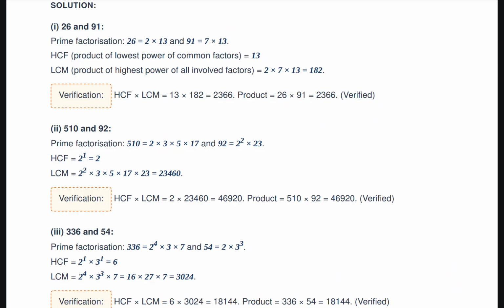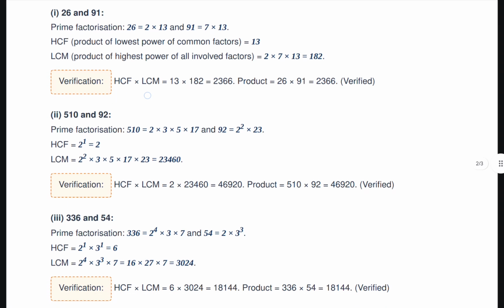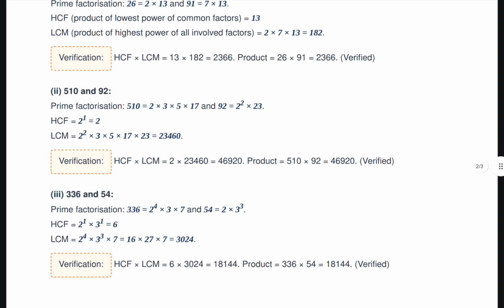What you will do in verification, you will multiply the HCF and LCM, and also you will multiply these two numbers. Okay, now you will multiply the HCF and LCM. HCF is 13 and LCM is 182.